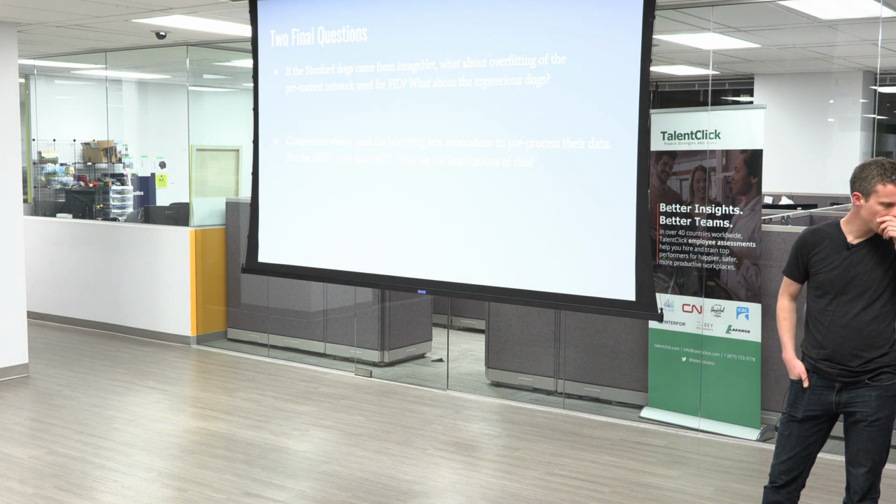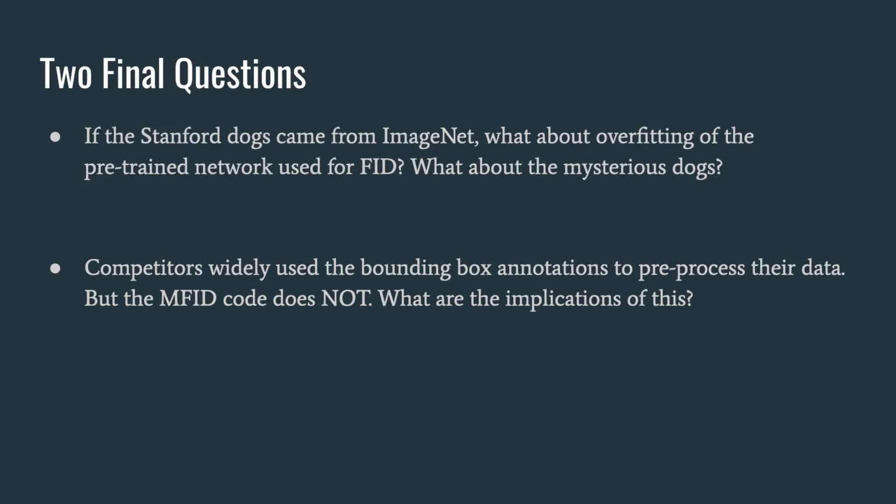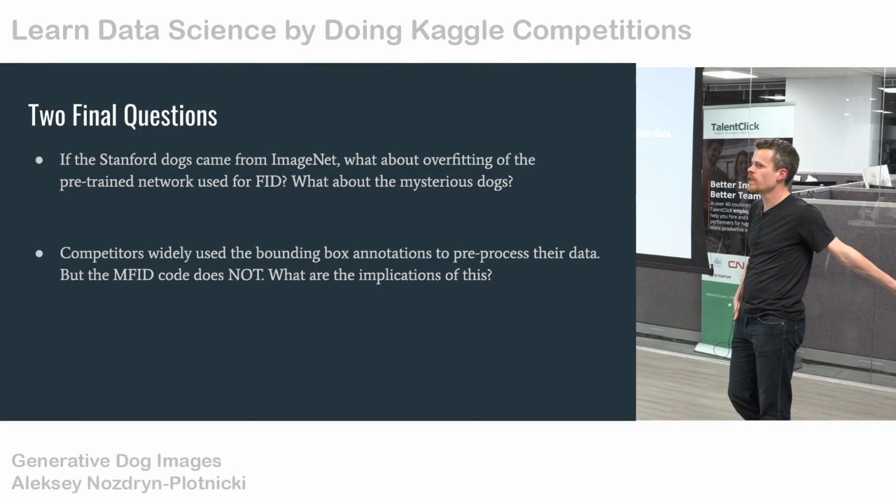And then I had these two final questions that really make me wonder about the competition. So these Stanford dogs, I tried to figure out exactly where they came from. I think they're actually photos from ImageNet that they post-processed with bounding boxes and breeds and stuff. So if the model they used for FID was trained on ImageNet, then it's been trained on those photos of dogs.